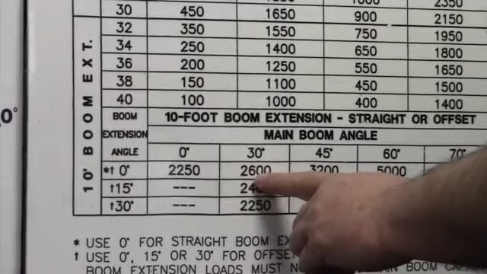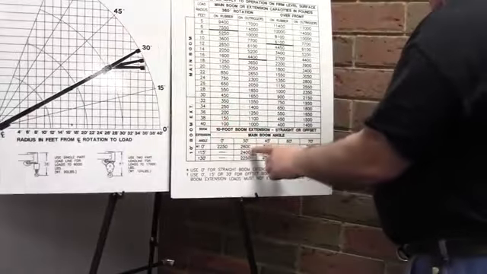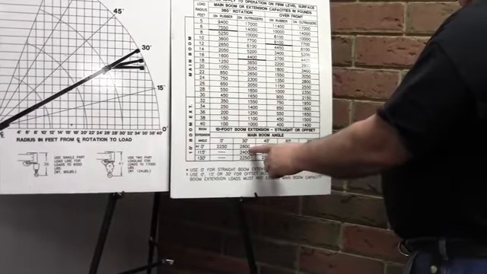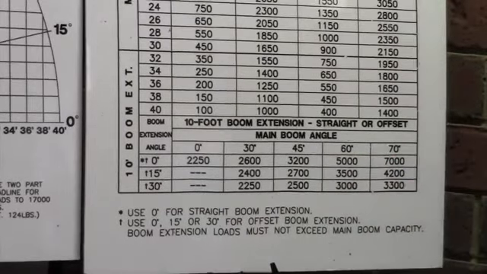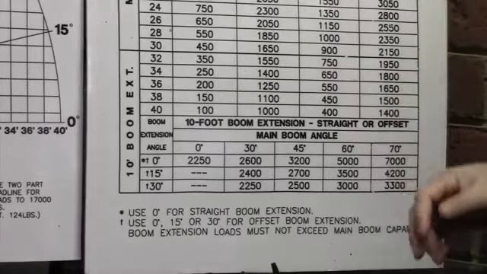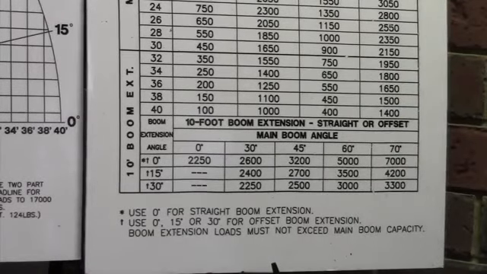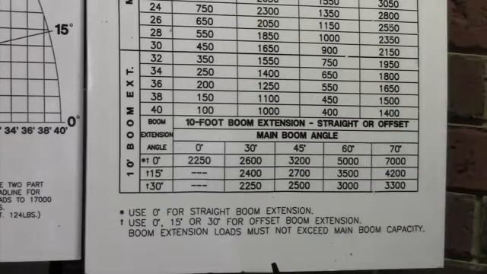When the boom of the crane is at 30 degrees, I have a 2,600 pound capacity. When the boom of the crane is at 45, I have a 3,200 pound capacity, and all the way to the point where your boom is almost standing straight up at 70 degrees, I have a maximum of 7,000 pound capacity. Now this chart right here just gives you the capacity of the jib itself.